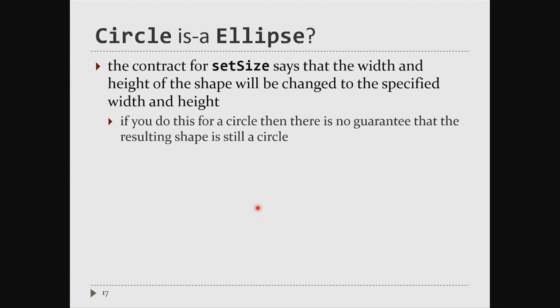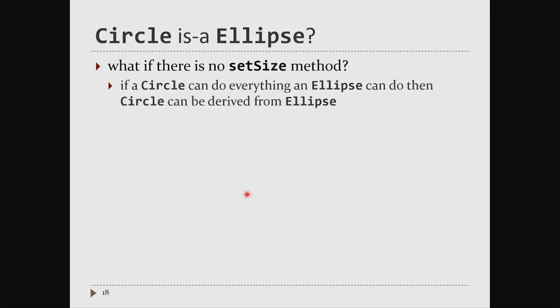You've got a circle class where you can have circles that don't have the same width and height. So if there's a setSize method that promises to change the width and height to the specified values, then you can't use inheritance to model the relationship between circle and ellipse. Circle has to be its own class, unrelated to ellipse.